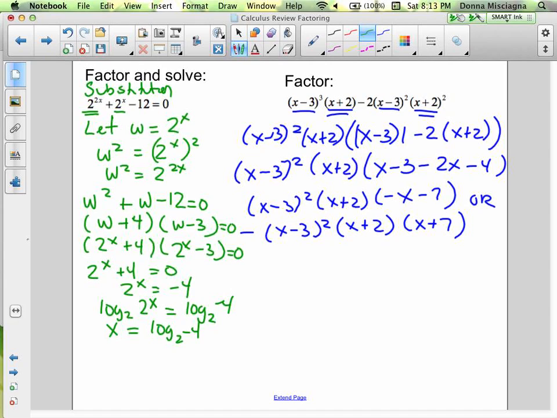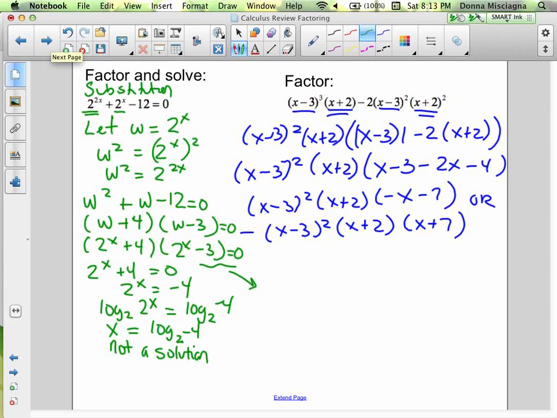So the negative 4 part's not a solution. Let's try the other one.